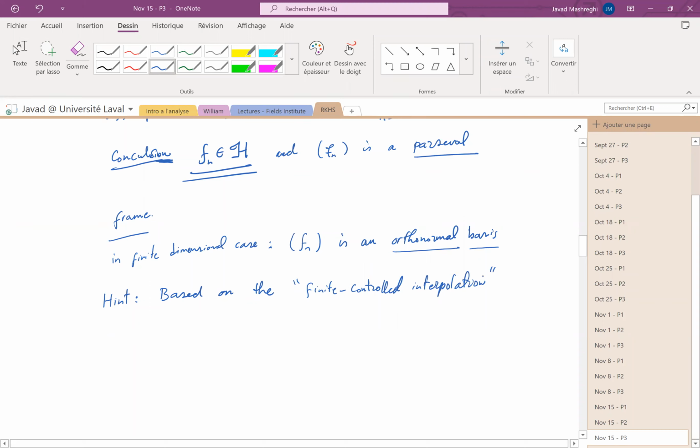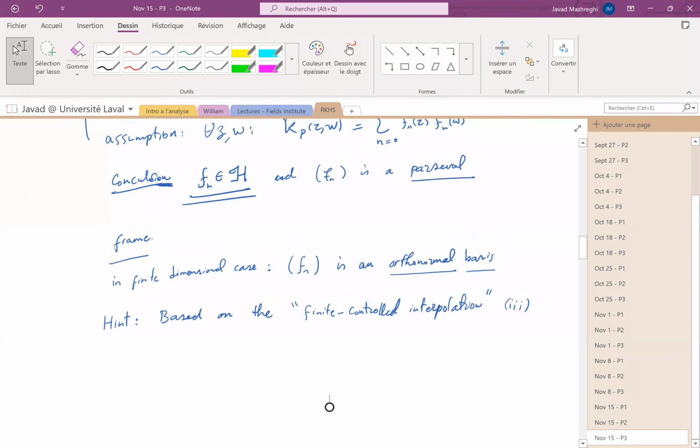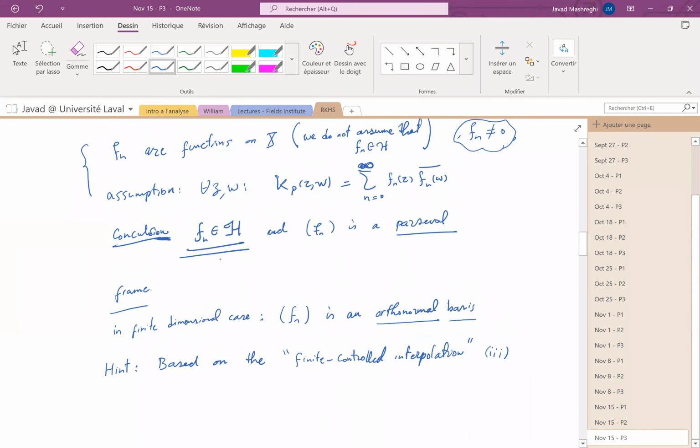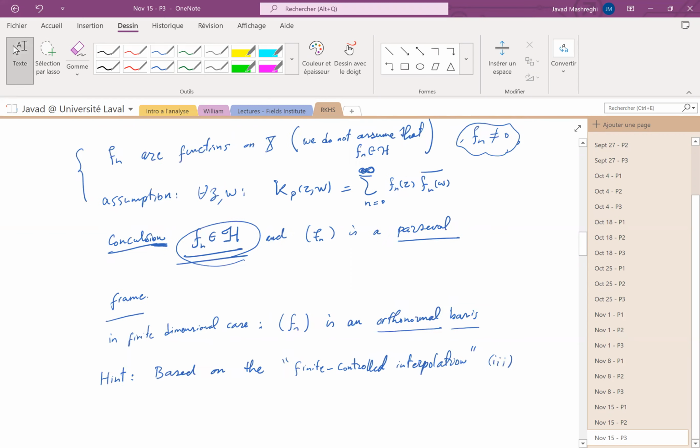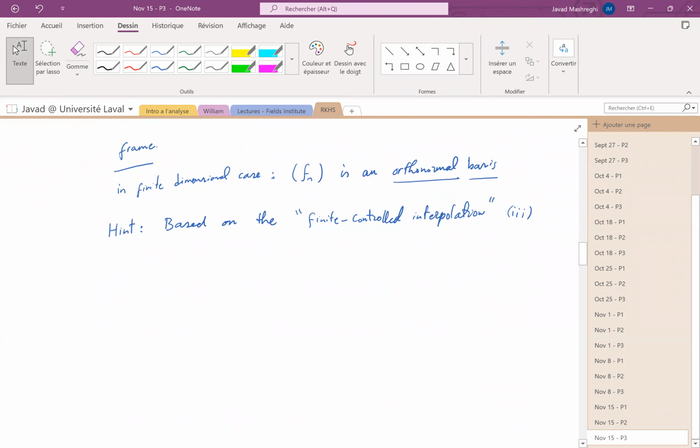Part 3 of that theorem helps us. Based on finite controlled interpolation, it's very easy indeed to see that Fn are in H and they form an orthonormal basis.